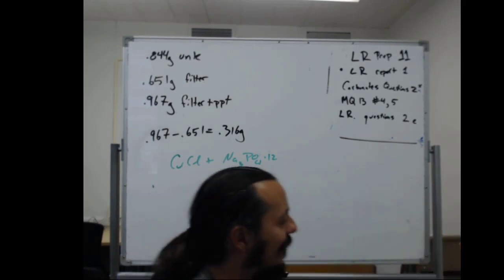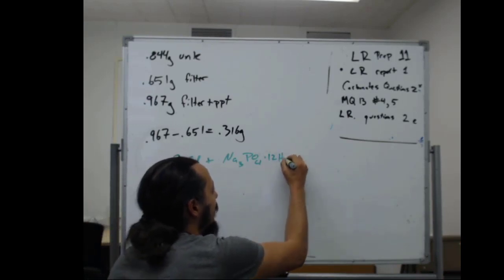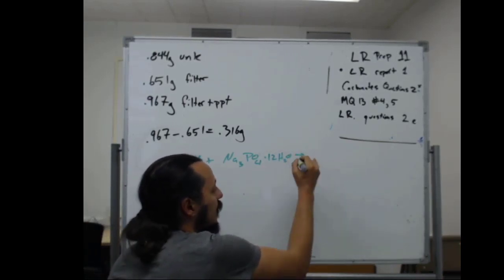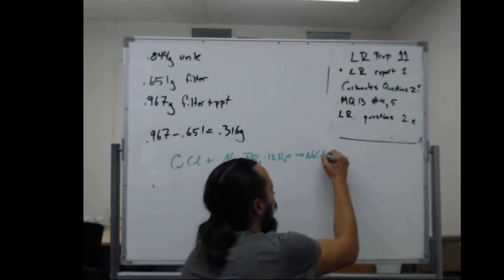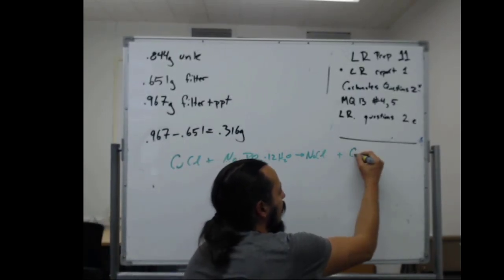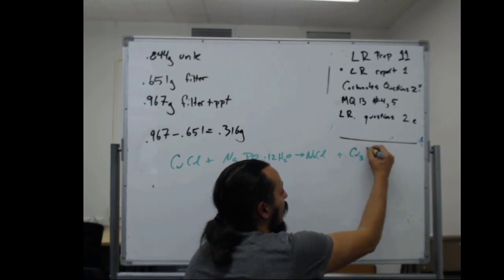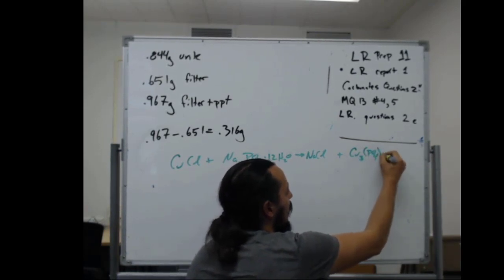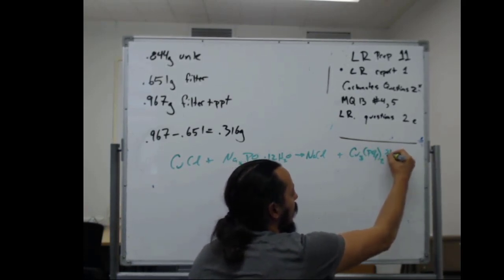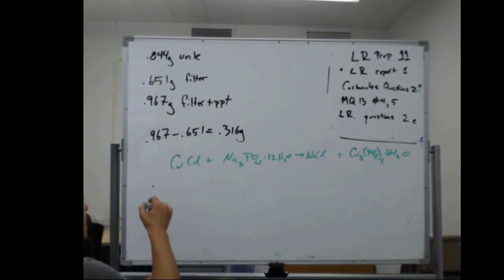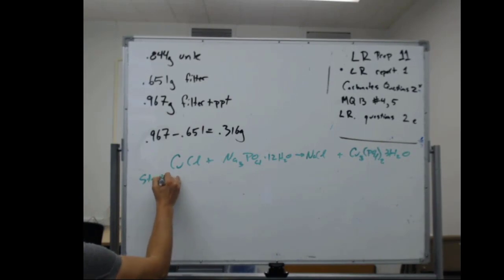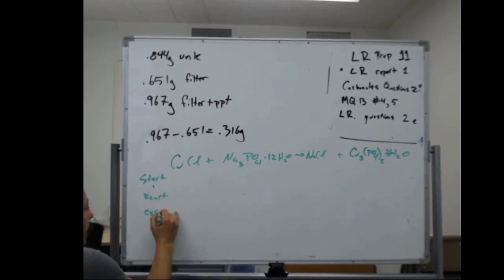No one actually says dodeca, they just say hydrate. Goes to sodium chloride plus copper phosphate hydrate. Right, and in this same way, we've got our start reaction and our end.